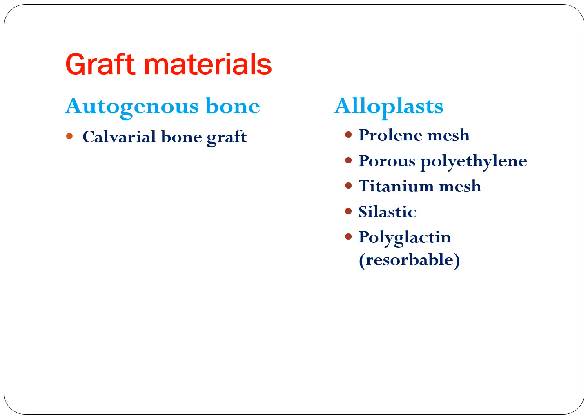Sometimes if you don't have the mesh, then you can use graft materials. There are autogenous grafts and alloplasts. Autogenous means a calvarial bone graft. Alloplasts are like Prolene mesh, porous polyethylene, titanium mesh, silastic and polyglactin. These are the materials used to reconstruct the orbital floor.